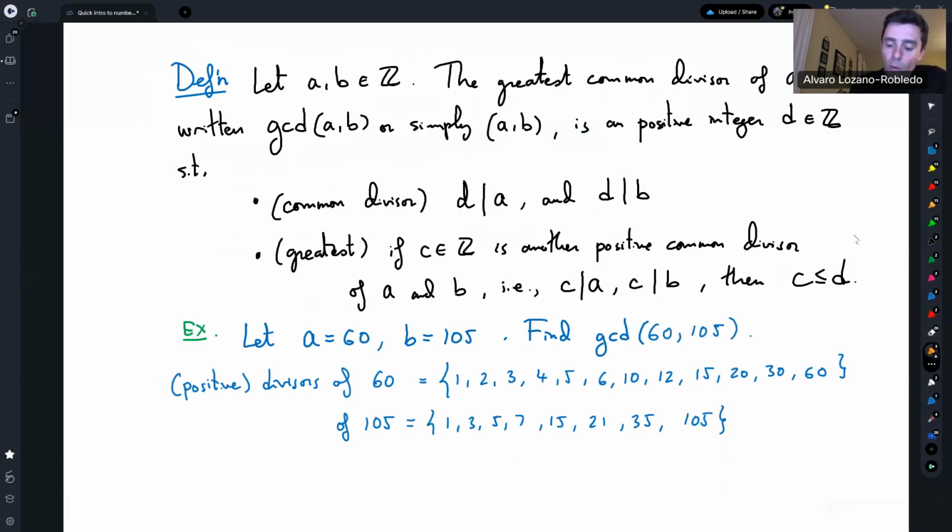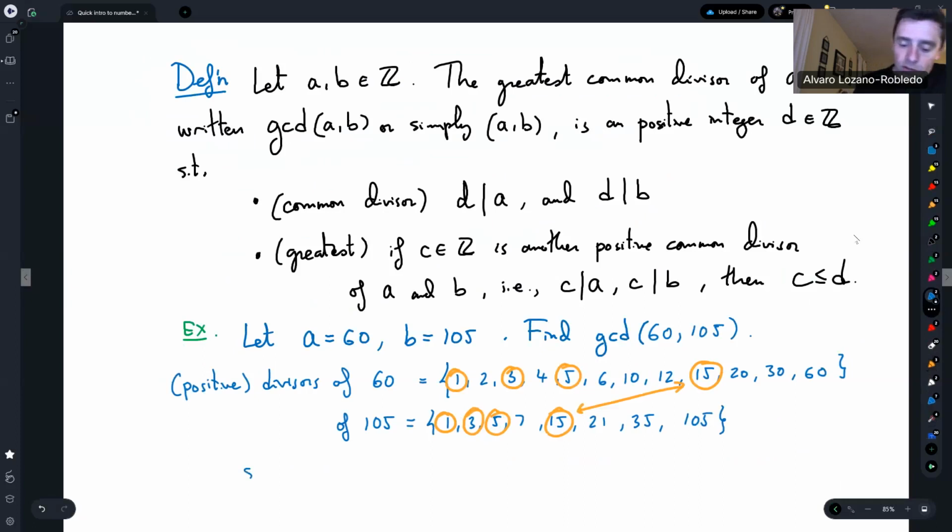So the common ones are 1 is common to both, 2 is not, 3 is common to both, 4 is not, 5 is common to both, and then 15 is common to both. And now you can see of all the common ones, 15 is the largest. So we found it. So the GCD of 60 and 105 is 15.